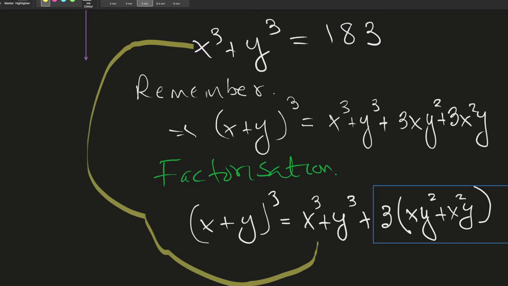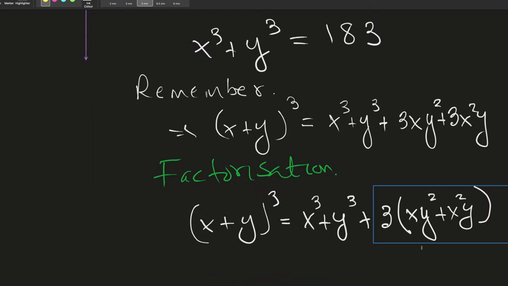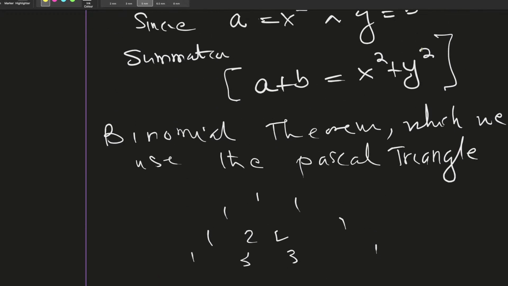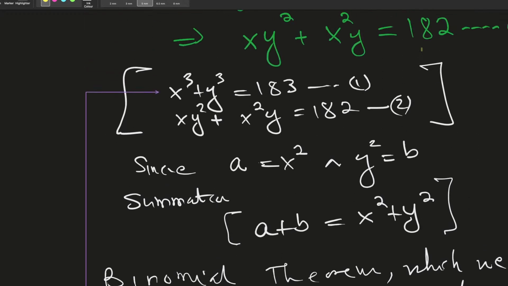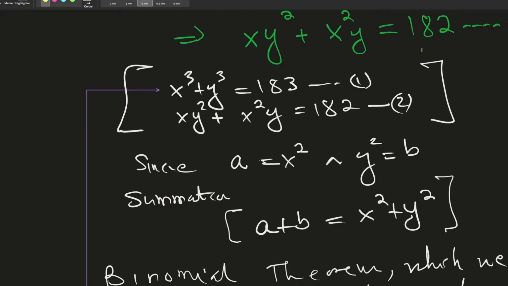And also, if you look at what I've highlighted here, this one in the bracket, it's exactly what we have on top here as our equation 2. Don't you see? So this is xy squared plus x squared y.